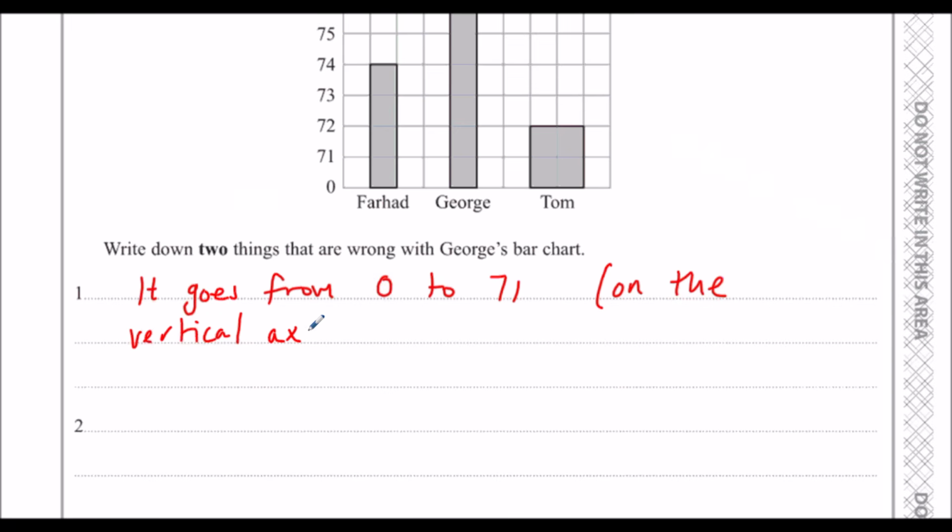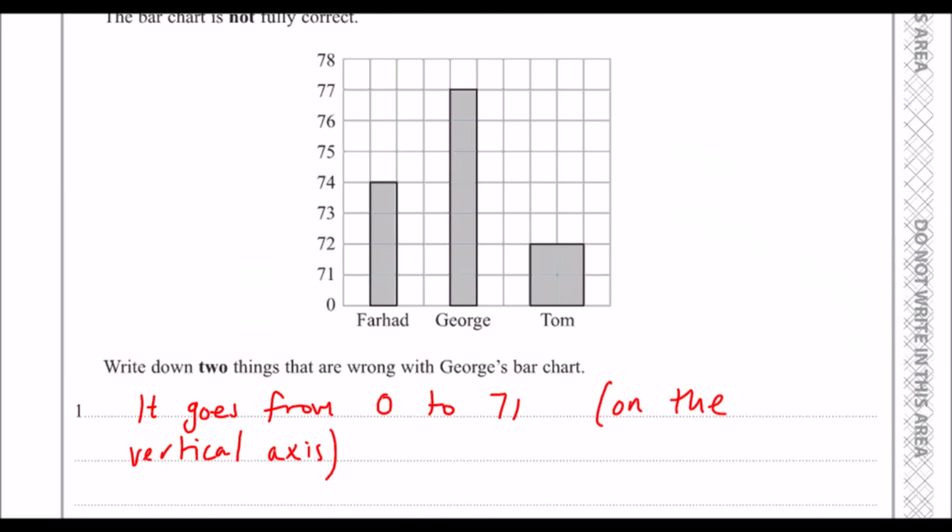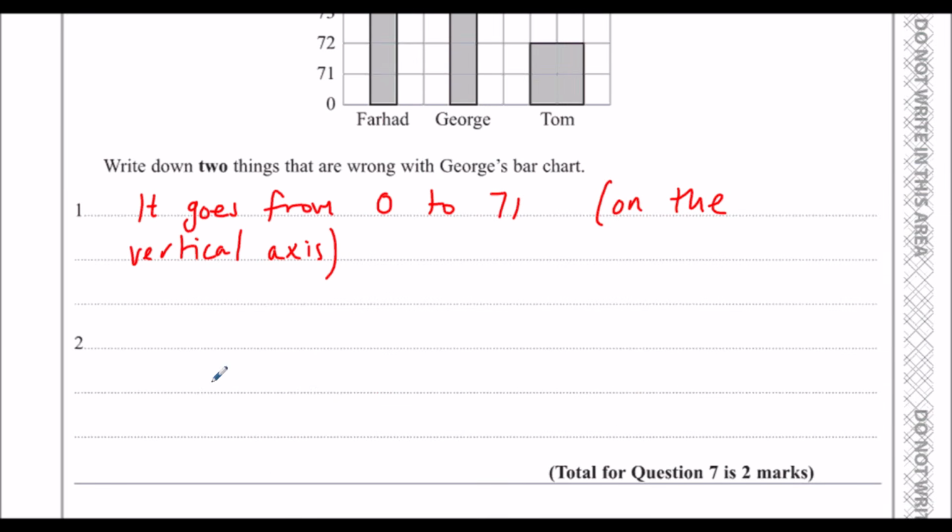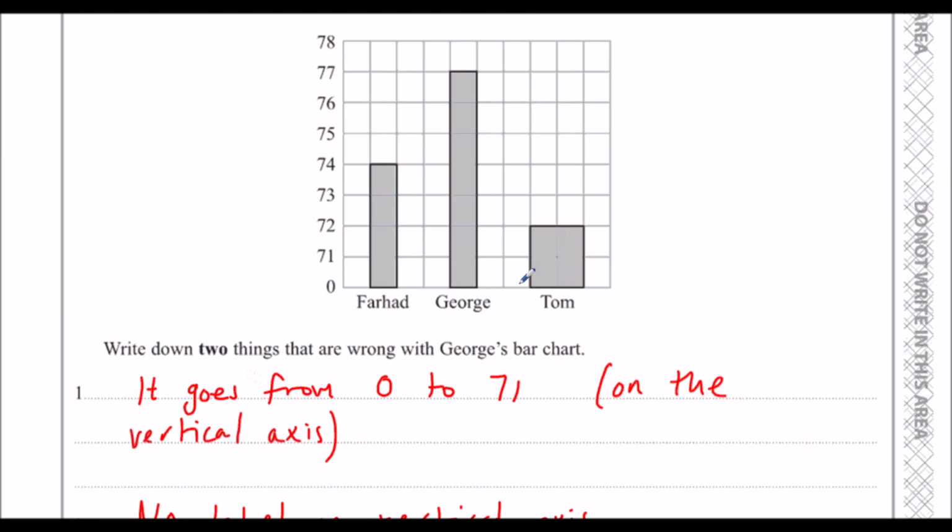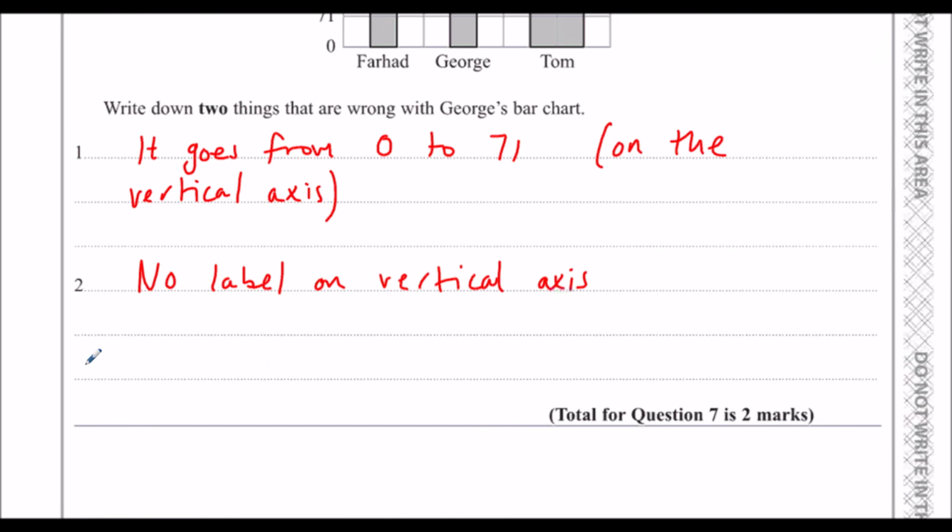So we could also say there's no label on the vertical axis, but also Tom's bar is a different width to the other two. So also Tom's bar is wider than the others.